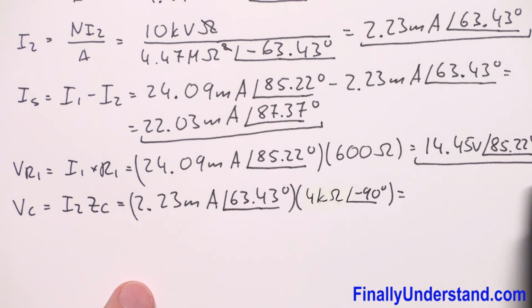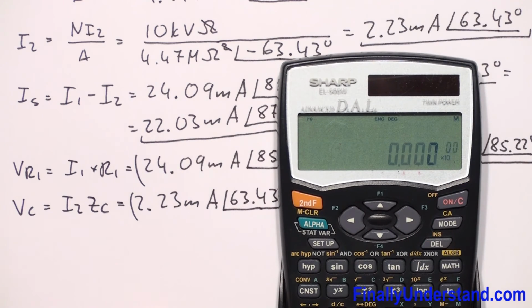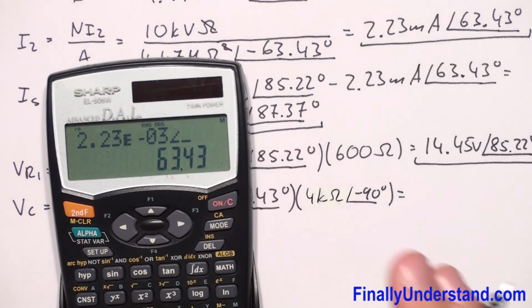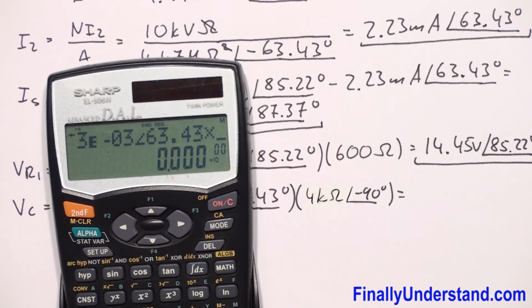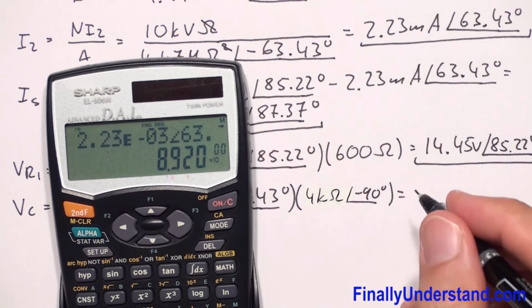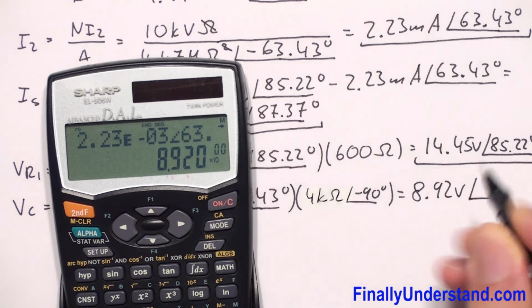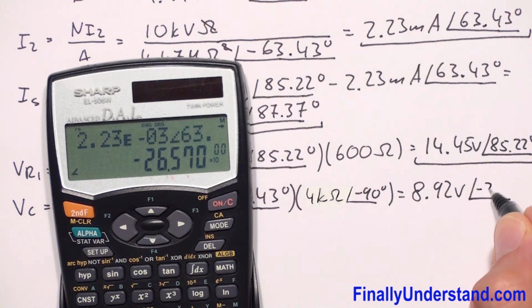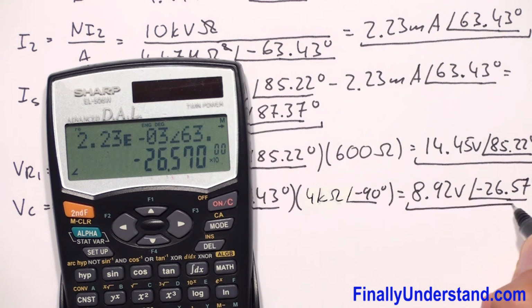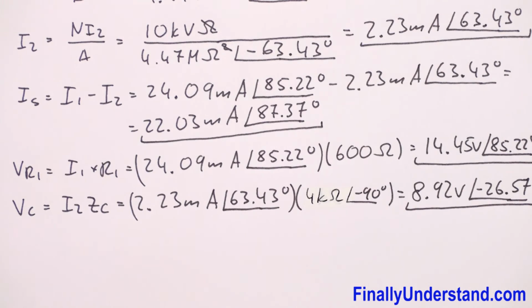So this is equal to 2.23 exponent 3 negative and angle of 63.43, times 4 exponent 3 and angle of negative 90. This is equal to 8.92 volts and angle of negative 26.57 degrees. Okay, so this is my voltage across the capacitor.